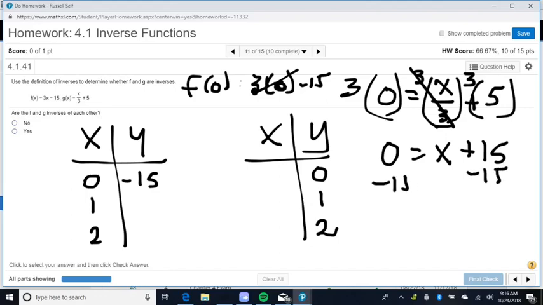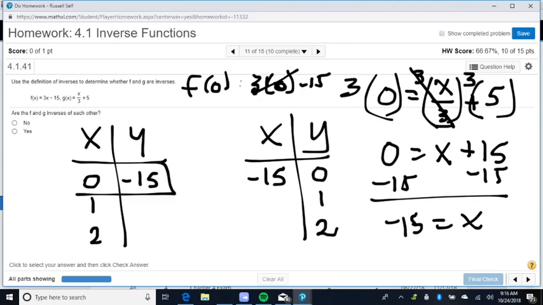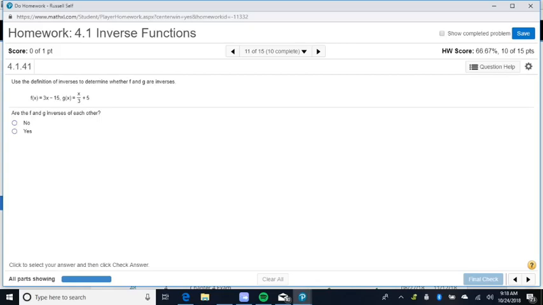Subtract 15 from both sides to get the x by itself, and you get negative 15 equals x. So it's negative 15, 0. So these two are inverses, aren't they? And unless you really screw up the mathematics, if you get one that works, then the others are going to work too. So this is telling us that these two things are indeed inverses of each other.